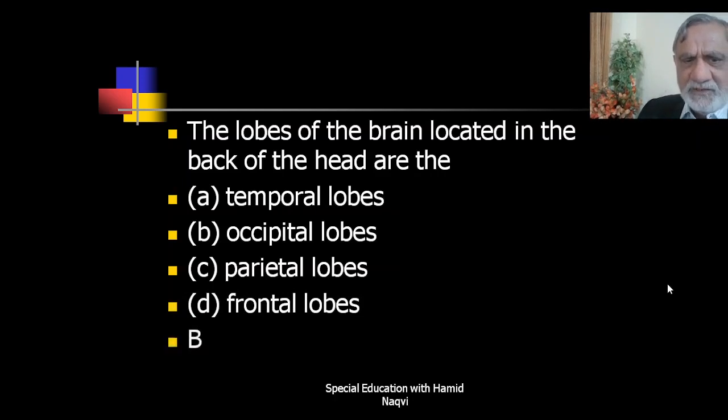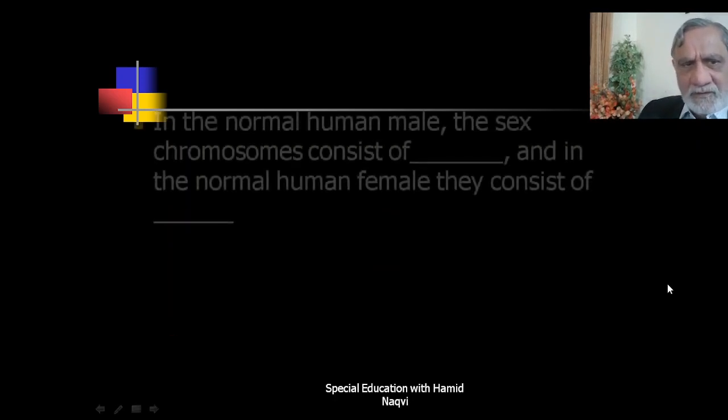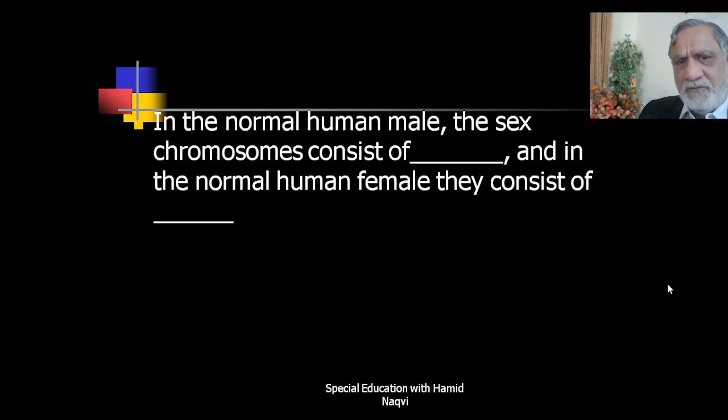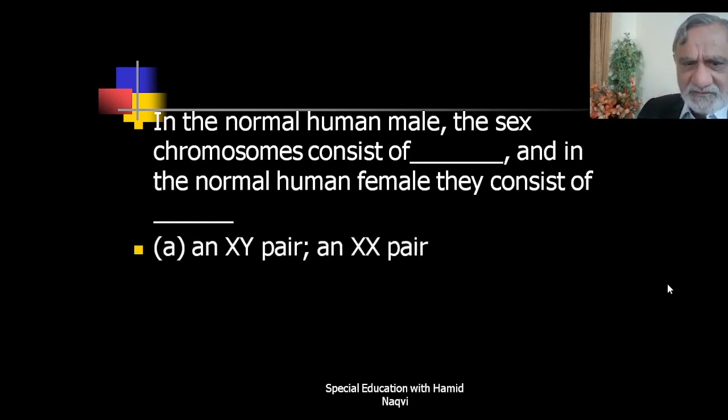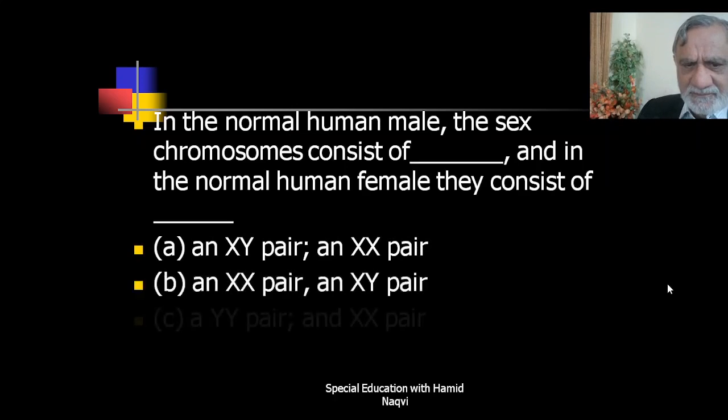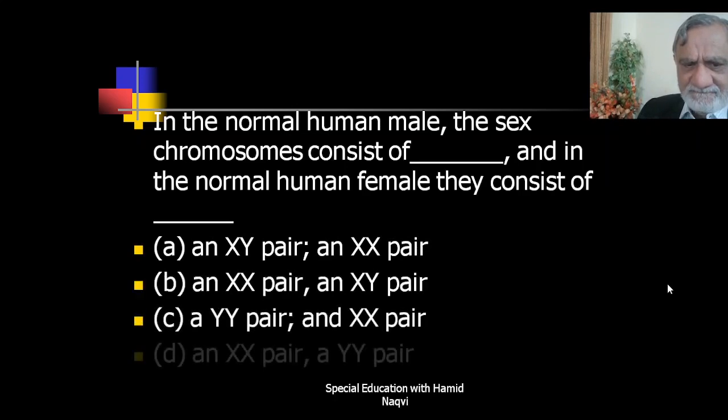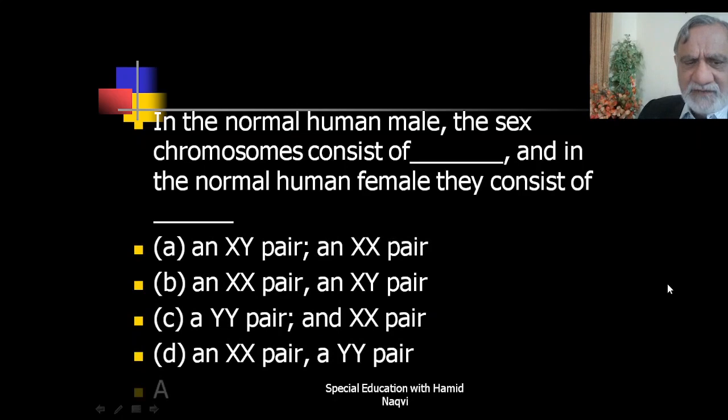Correct one is B. In the normal human male, the sex chromosomes consist of dash, and in the normal human female, they consist of dash. Correct one is the first one, that is an XY pair and an XX pair.